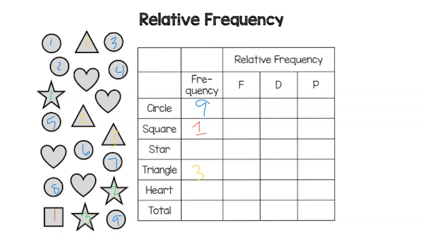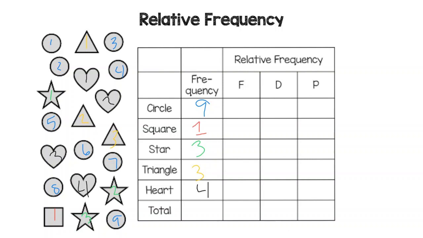There are 3 of those as well. The next thing I am going to count is my hearts. So we have 1, 2, 3, 4 hearts, it looks like. Now we have the frequency of each one of these things occurring.